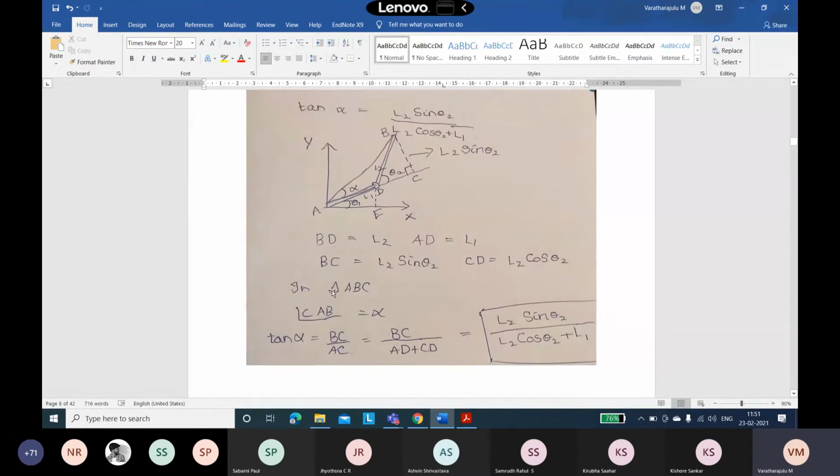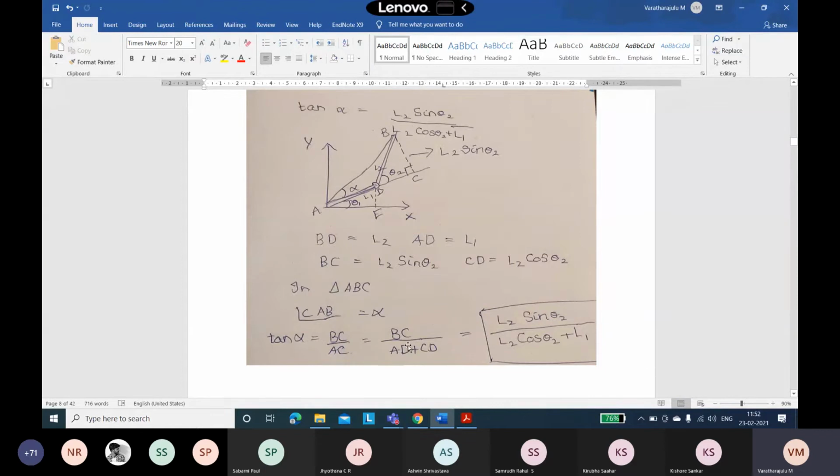Similarly, we are going to derive with the larger triangle, that is ABC. Here he introduced the inclination CAB, where A has inclination alpha, and therefore tan alpha is equal to BC by AC.